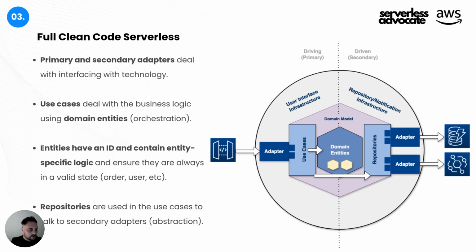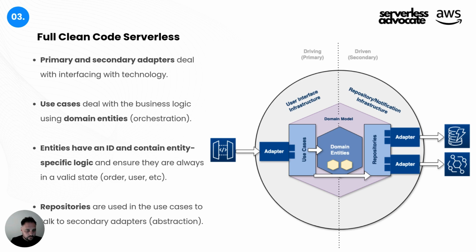Now, say we've got a lot of business logic, lots of rules, maybe calculations. We might want to go to this full clean code version. So we still have the notion of primary and secondary adapters. That doesn't change. But now our use cases deal with entities. And these entities are something like an order or a user, which has an ID. So an order would have an order ID. And it always has to be in a valid state.